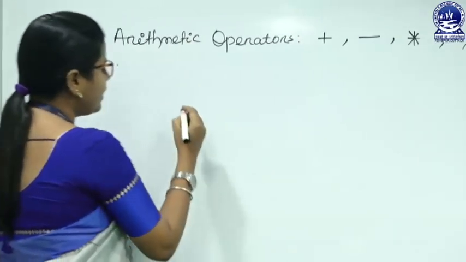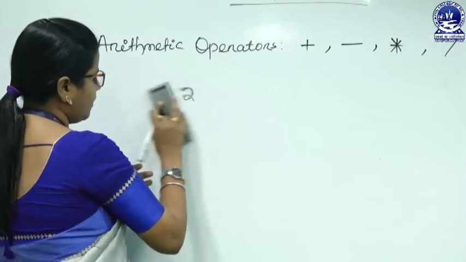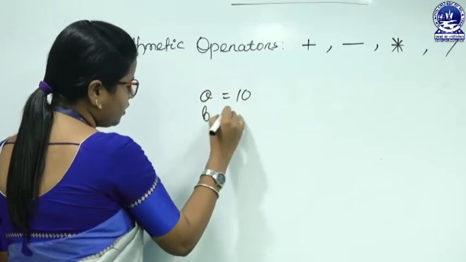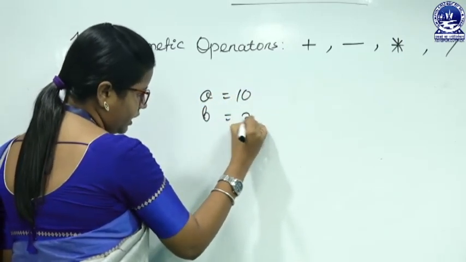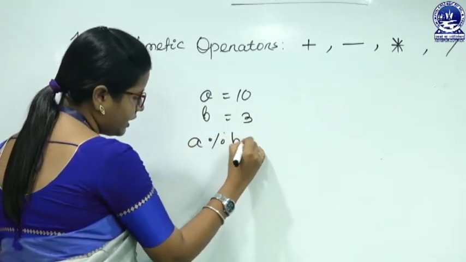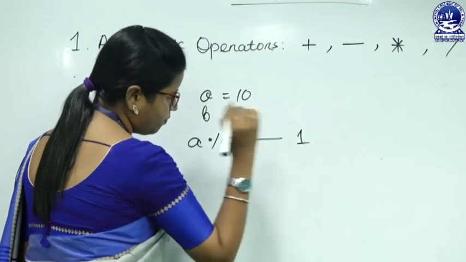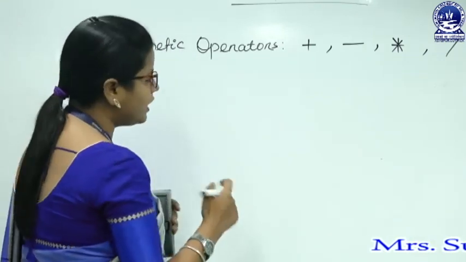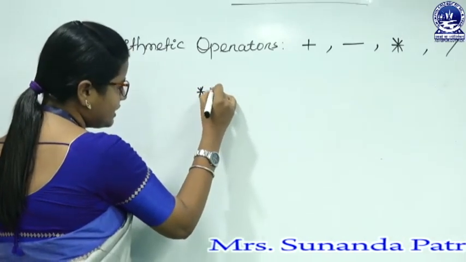Next, the modulus operator. If A equals to 10 and B equals to 3, then A modulo B will result as 1. Next, we are having a new operator, that is exponent operator, that is double star.